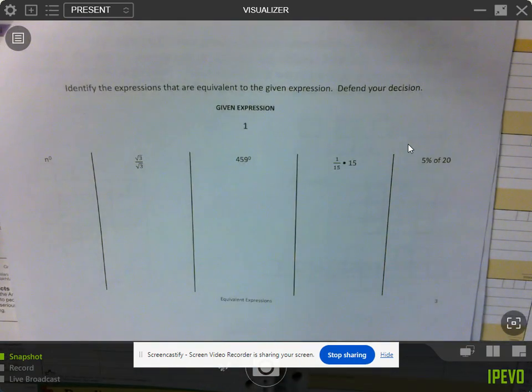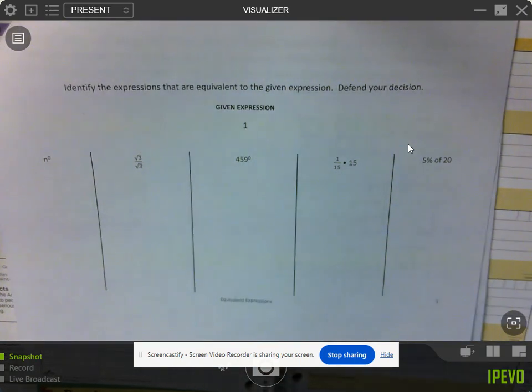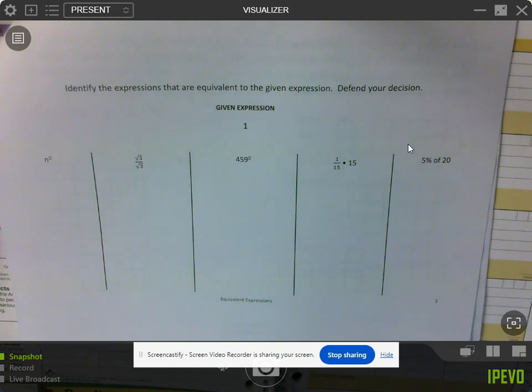Identify the expressions that are equivalent to the given expression. Defend your decision. Now this is important. When you defend your decision, it doesn't just mean that you show me what the answer is. It means you explain it. You're defending it. Words. So on mine, I have words that I wrote out.